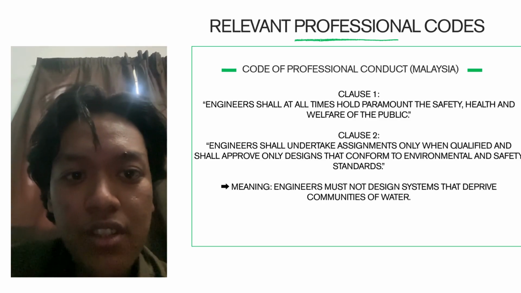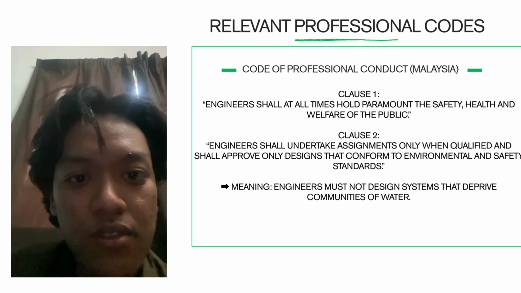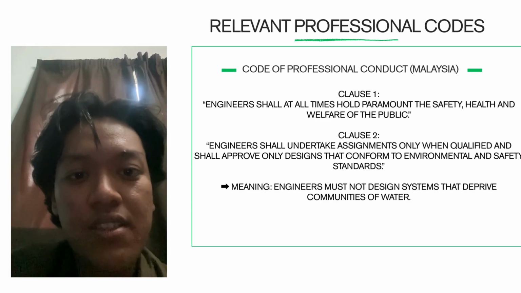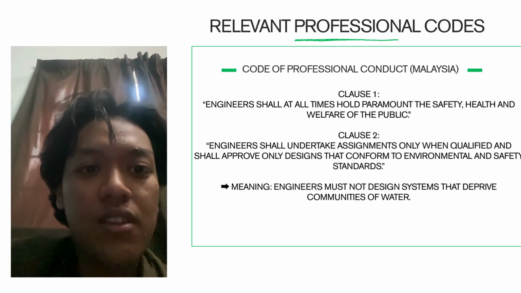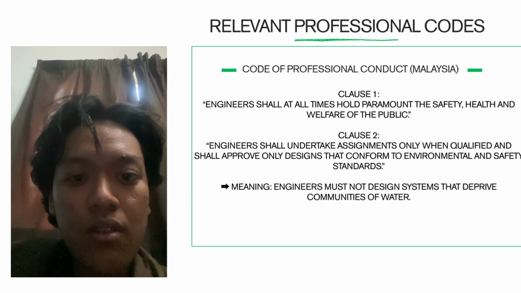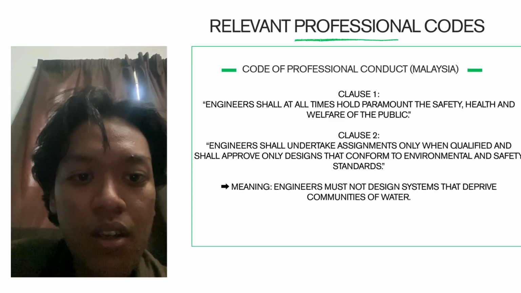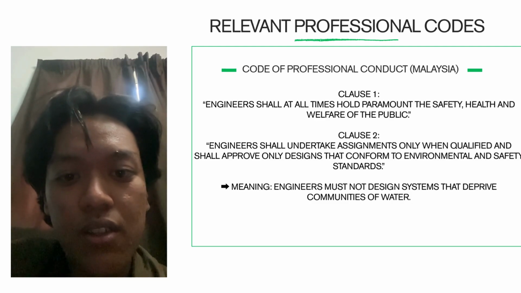So the Malaysian Code of Professional Conduct highlights two key clauses. Clause 1, engineers must prioritize public safety, health and welfare, meaning our design must not threaten community water supply. And the second one, engineers must approve only designs that meet environmental and safety standards. So ethically, we cannot design system that overuse or damage water resource.